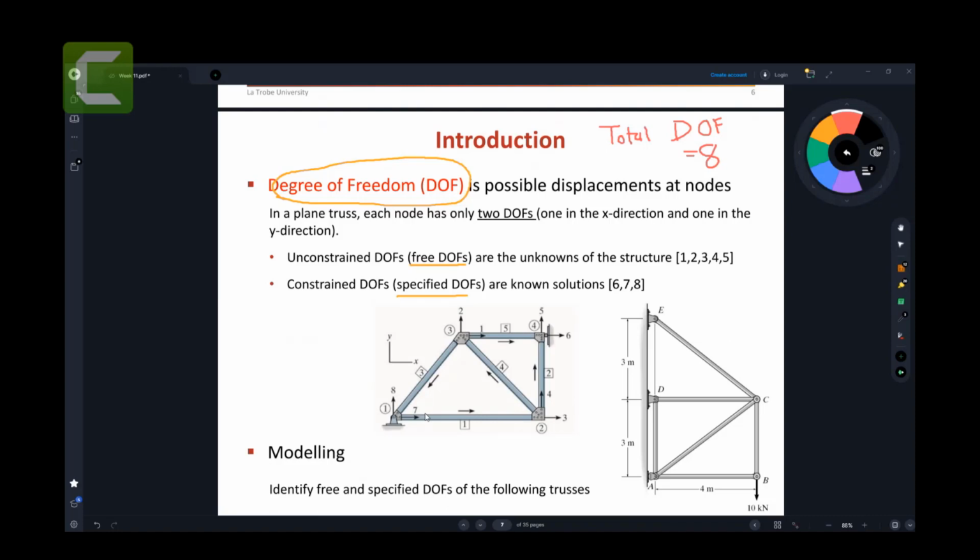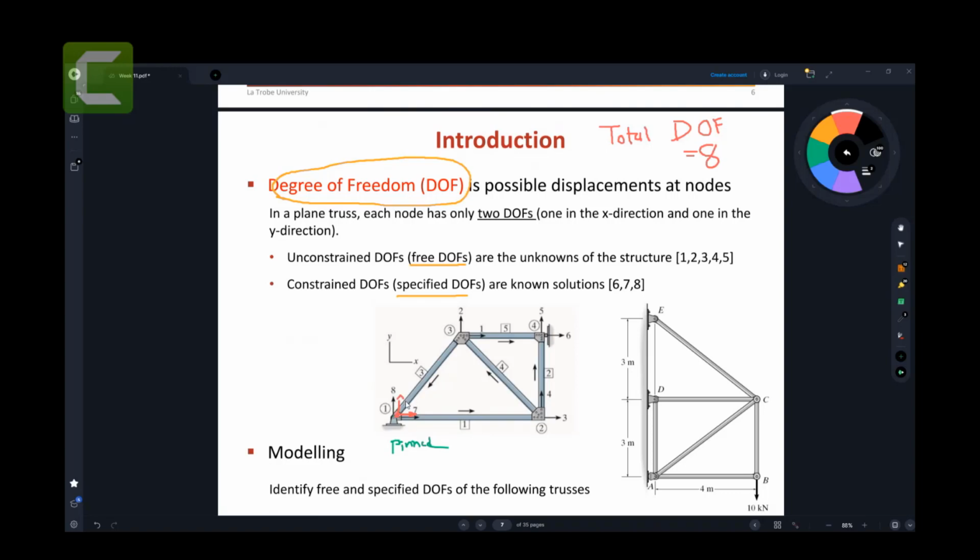Now pay attention here. There are total 8 degrees of freedom. Let's start with node number 1. This particular point at 1 has a pin joint. If it is a pin joint, this point cannot go in the X and cannot go in the Y. You agree with me?